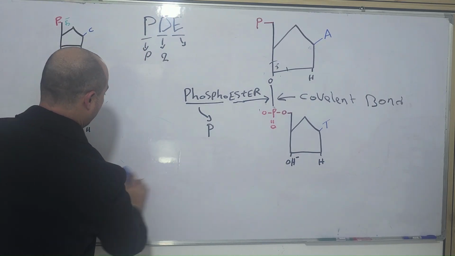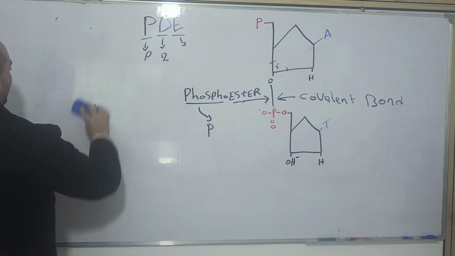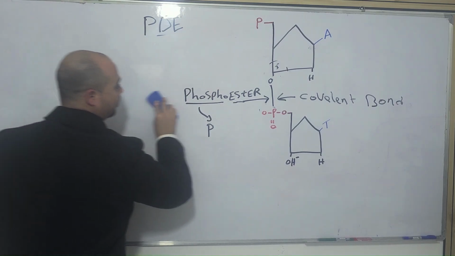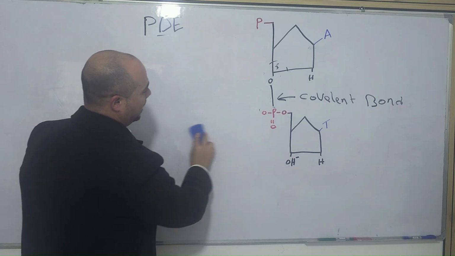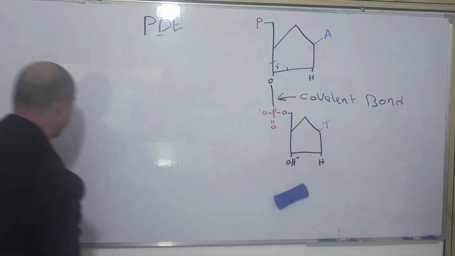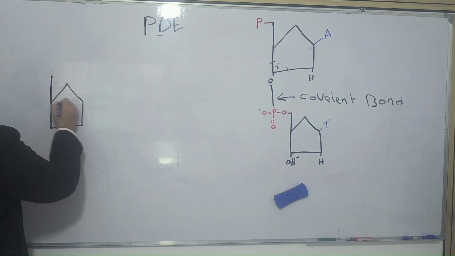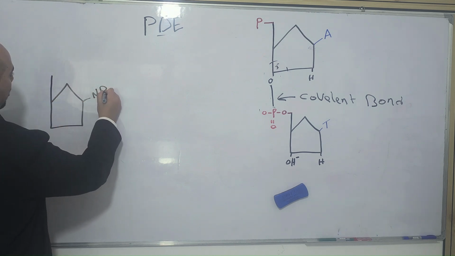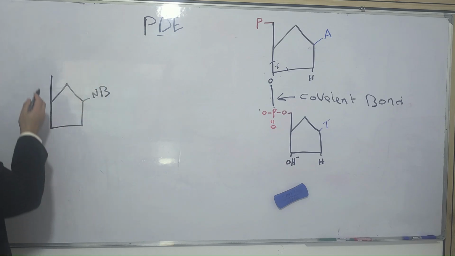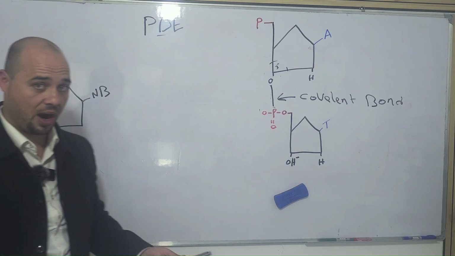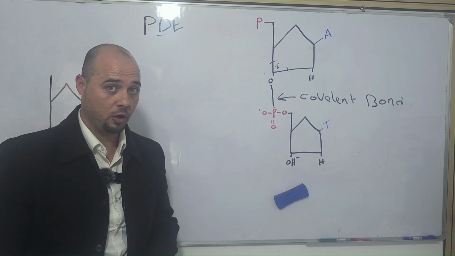Now, if you allow me, I will explain exactly how that happened. Let's remove these here and start from the beginning. Not really the beginning, but kind of. Listen, remember this, here's a nitrogen base. I don't care what kind of nitrogen base it is, but remember when this didn't have a phosphate on it, and it was just a nucleoside, and then we added a phosphate through kinase enzymes, and then we got a nucleotide.